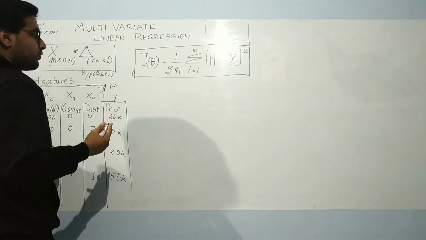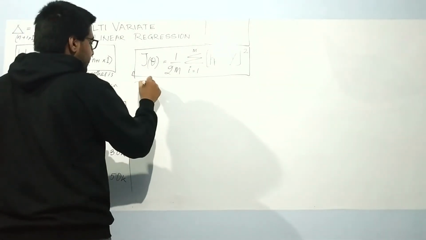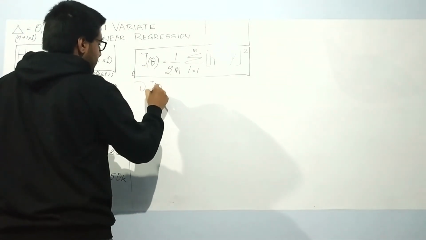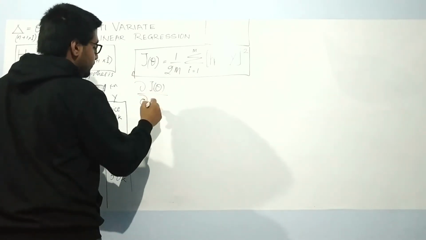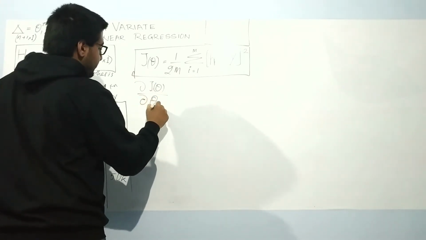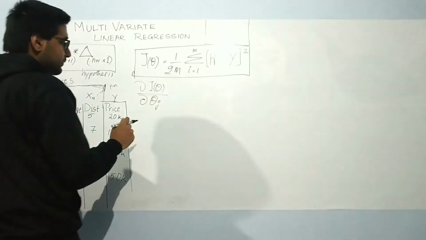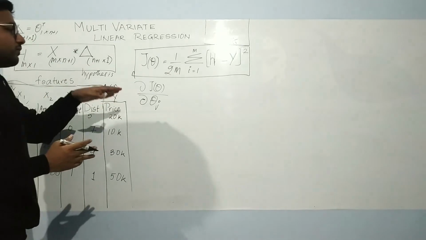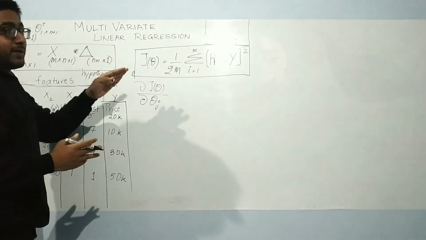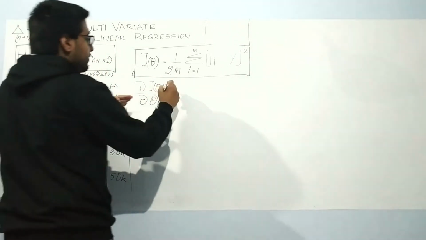Then we will find the gradient, that is del of j theta with respect to del of theta j. So we need to find the gradient of j with respect to the different thetas.